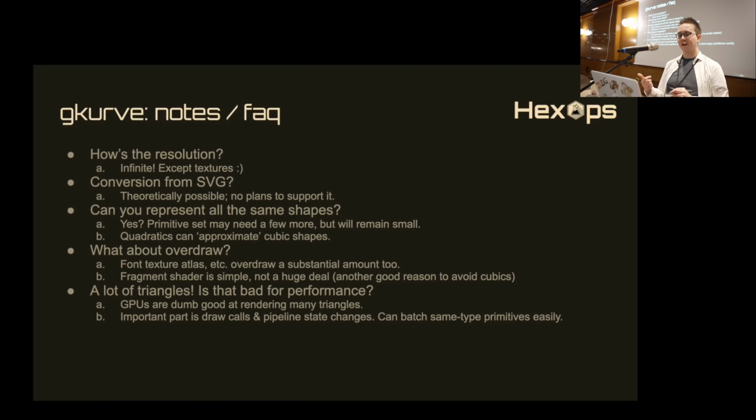One thing I heard was kind of a concern about overdraw, right? Like you're rendering this for each pixel on this triangle, and maybe that's quite a lot of work to do per pixel. The thing I'll note here is that even if you have a classical texture atlas with your fonts on it, there's a good portion of that area that is transparent, so you have a similar amount of overdraw, I think, in practice there.